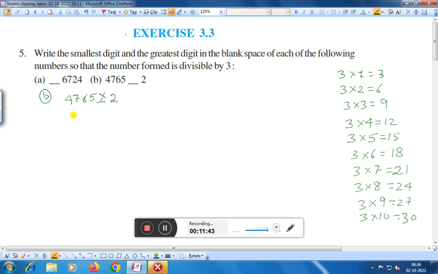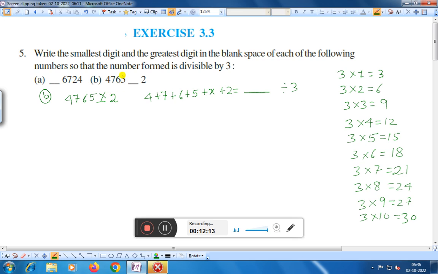Therefore, we have to add 4 plus 7 plus 6 plus 5 plus x plus 2, and get a number that will be divisible by 3. We'll get two numbers, one is the smallest digit and another is the greatest digit.